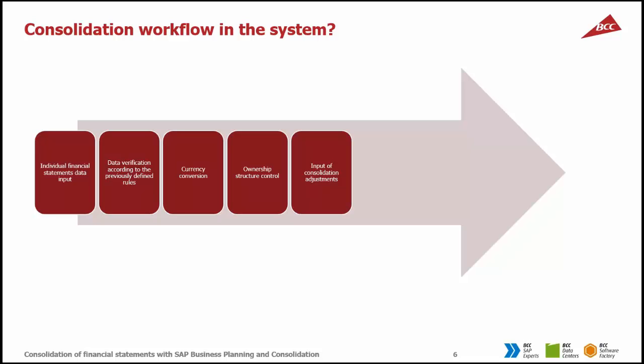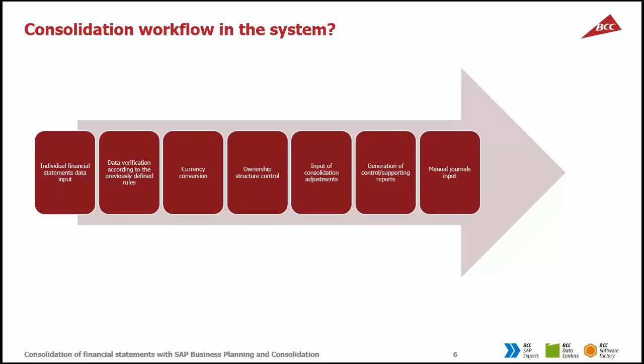After you have all data in place, you want to input some consolidation adjustments. We can distinguish between automatically posted consolidation adjustments and manually posted consolidation adjustments. So this is the clue of the whole system. After that, you want to generate some control reports just to be sure that everything before was done correctly.